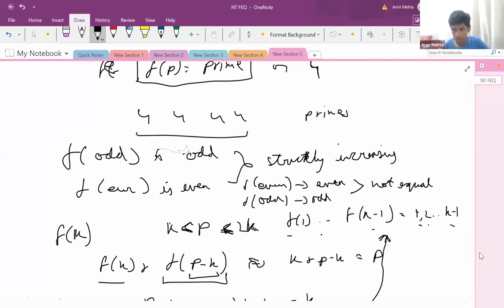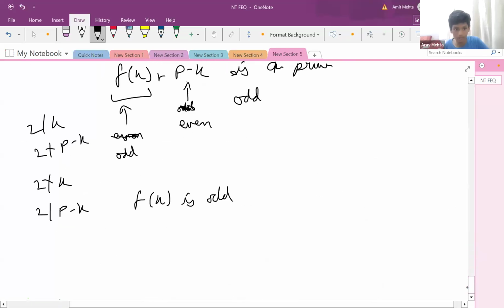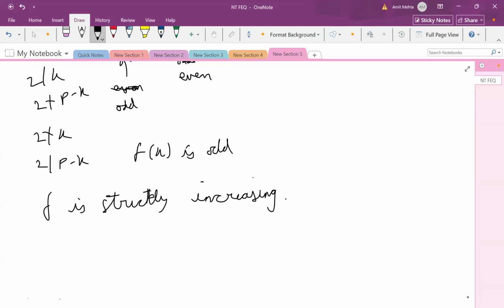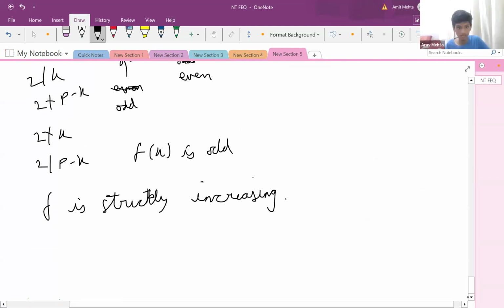Okay, great. So yes, f is strictly increasing. So, after this deduction, can't we just say that it is not weakly increasing now, it's strictly increasing? Exactly. Correct.